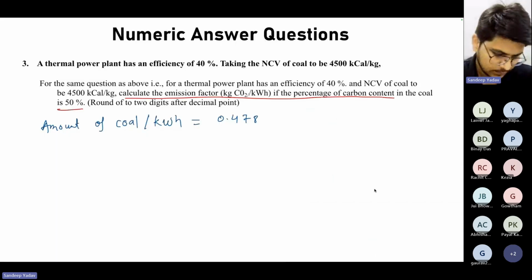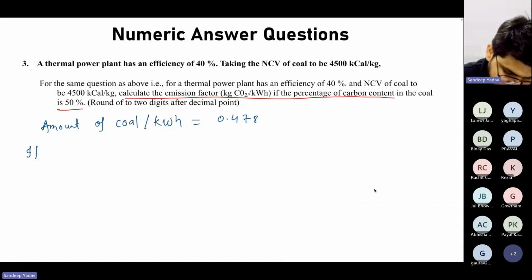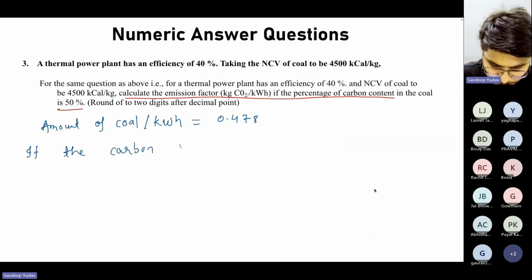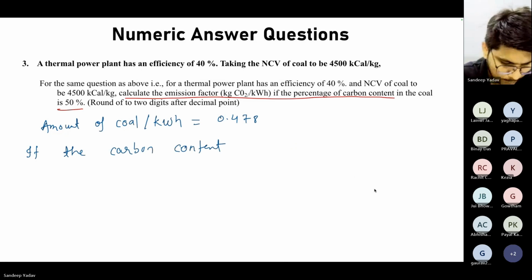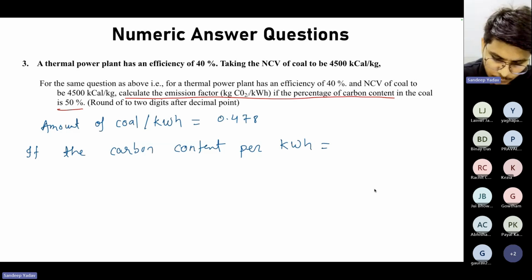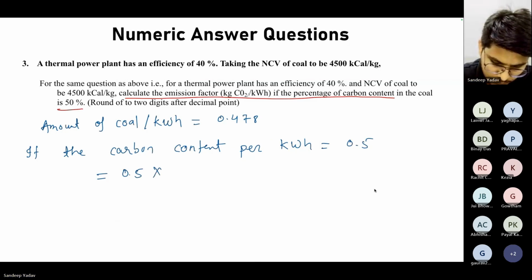Now if the carbon content is 50%, the amount of carbon will be 0.5 into 0.478.